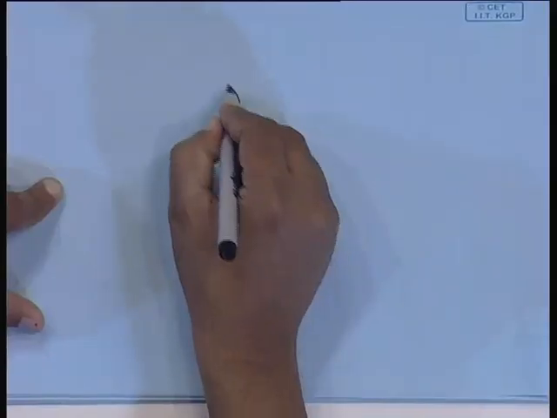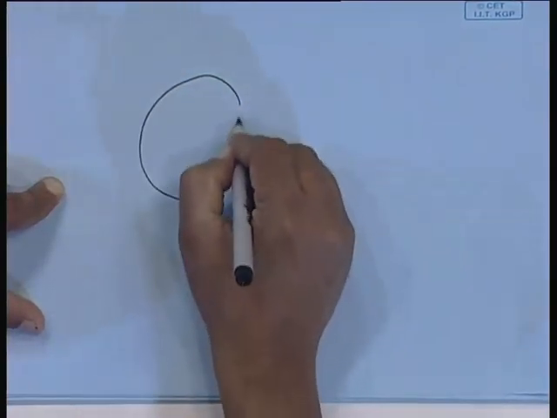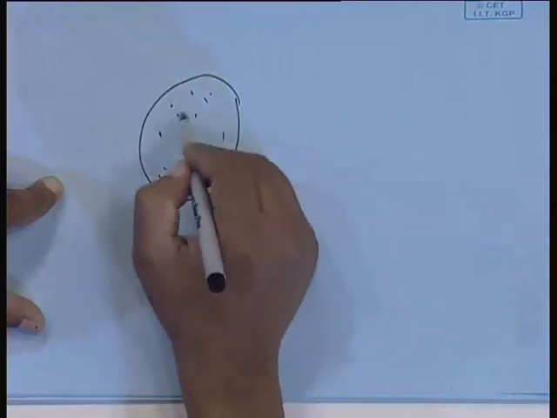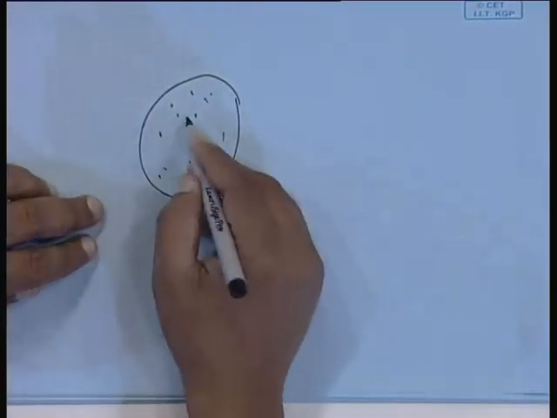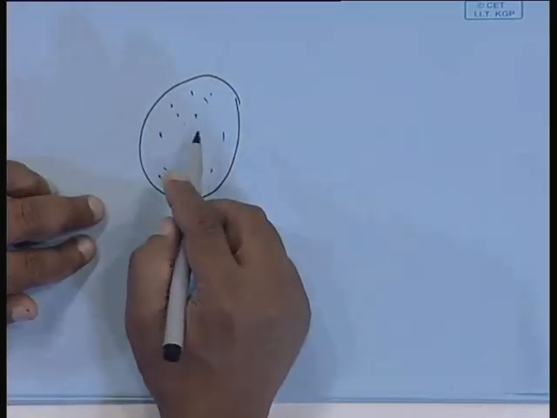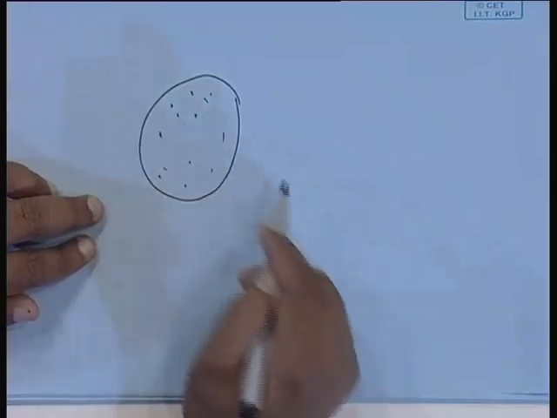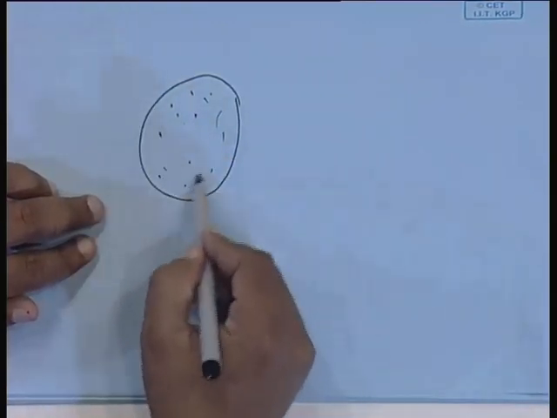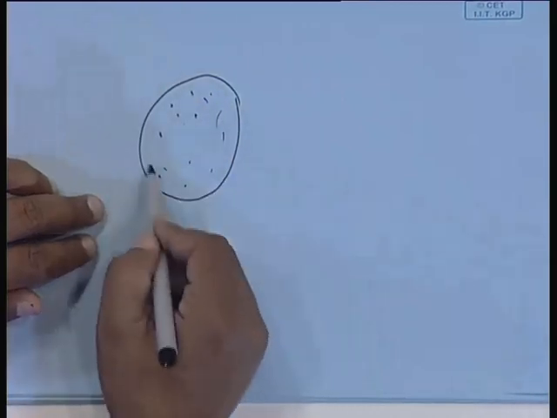We have a region like this, and there are galaxies which are gravitationally bound inside this. If the galaxies are gravitationally bound, they are really not moving away from one another according to Hubble's law of expansion. They have deviations. So, there are large deviations from Hubble's law of expansion in this region.